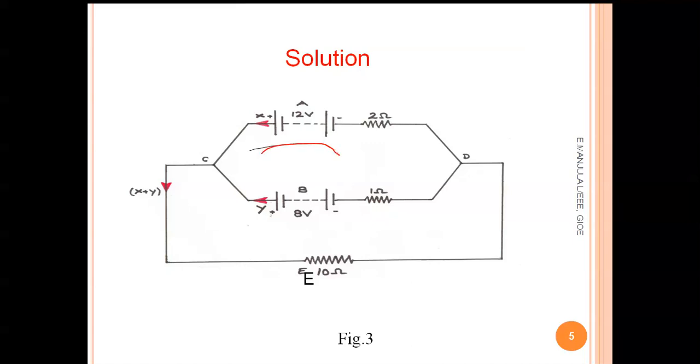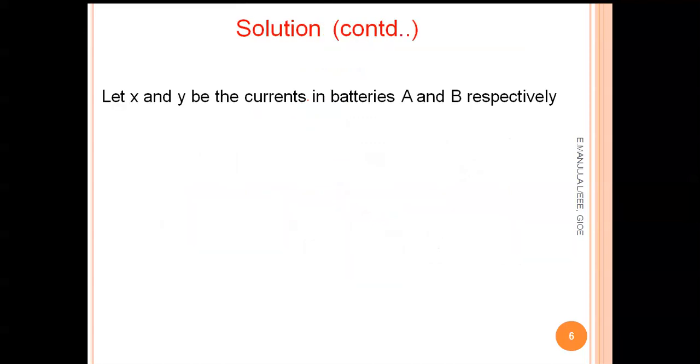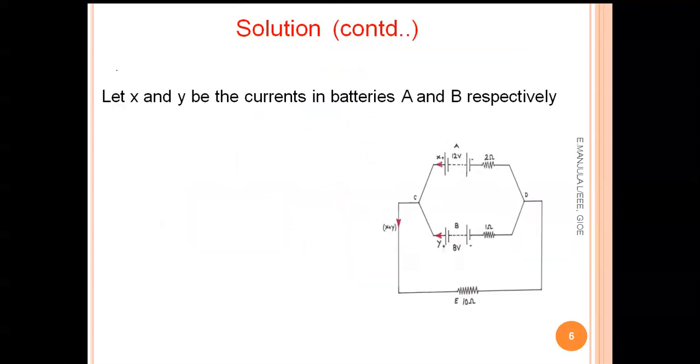So this will be the direction of loop. That means A, D, B, C, A. Let x and y be the currents here. This is an assumed direction, we don't know.